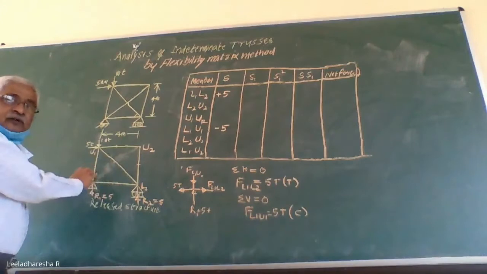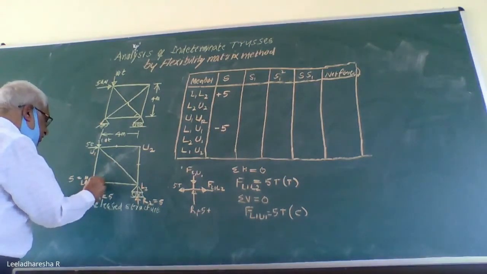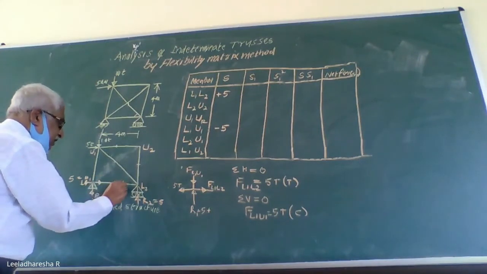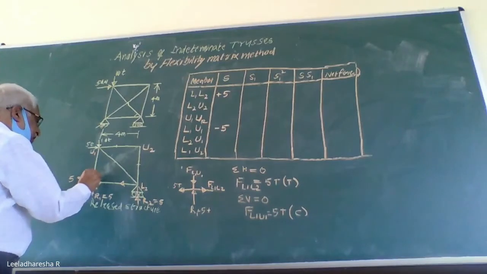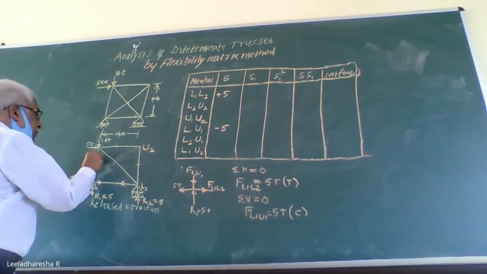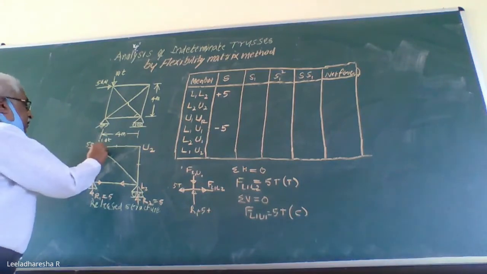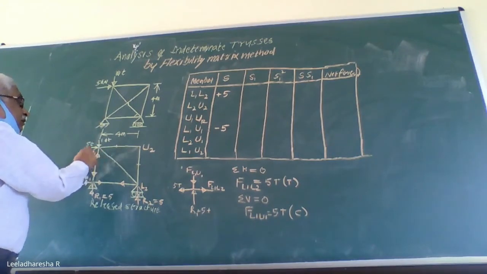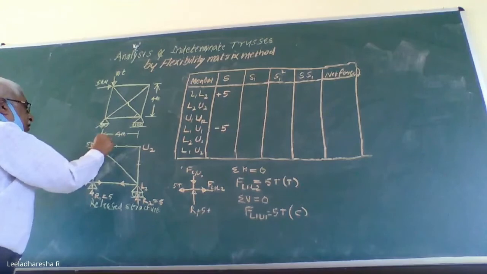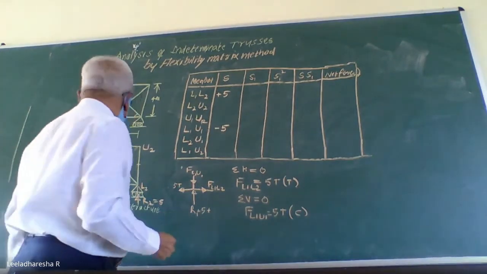Immediately come to this particular figure and indicate the nature of the force that you obtain. It is away from the joint. Again, here also it becomes away from the joint. Again, this was compression, downward, here it becomes upward. Now consider equilibrium of the next joint, that is U1. See, only 2 forces are unknown at U1; force in this member is known to me. So now, if you consider equilibrium of this joint, draw the free body diagram.